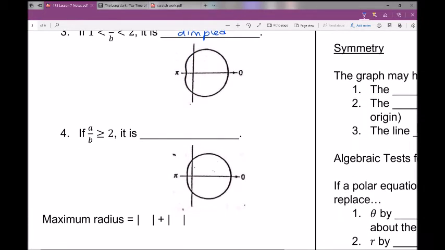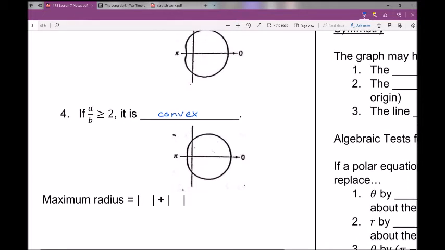And finally, the last kind, if A over B is greater than 2, then we call it convex. You might think that this looks like a circle, but it's kind of flat right here, whereas a circle would be more curved. So it is a different graph, so don't just say it's a circle. It would be a convex limacon. All right?